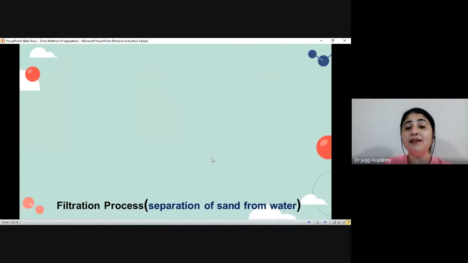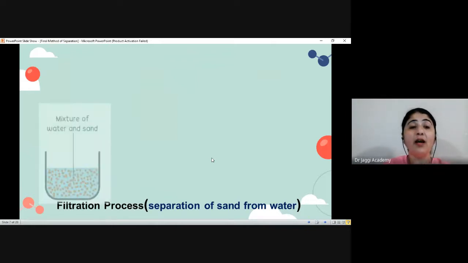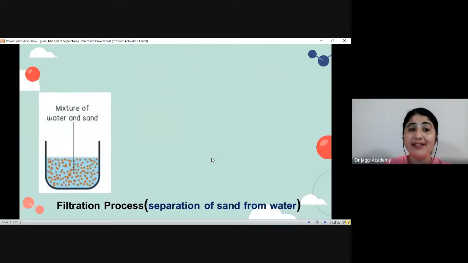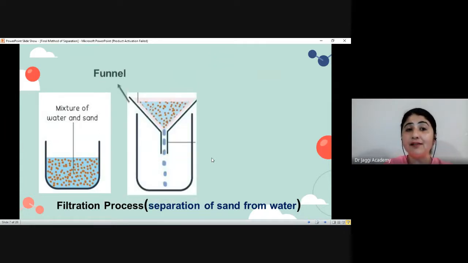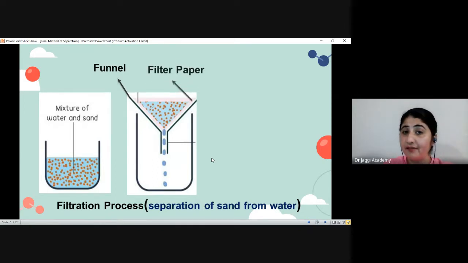I'm taking the example of the separation of sand from water. To separate the sand from the water, I take the mixture of water and sand in a beaker. I use a funnel, which is lined with filter paper. After that, we pour the mixture of sand and water over the filter paper.